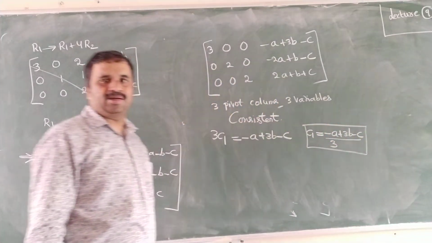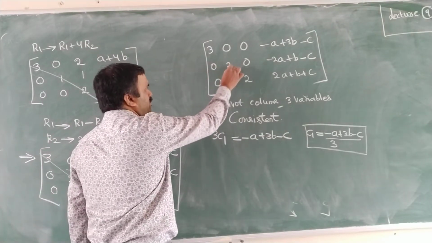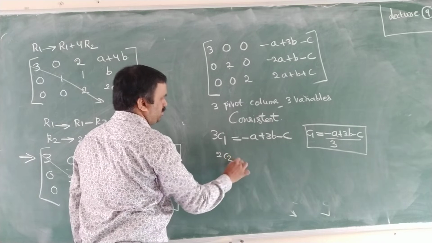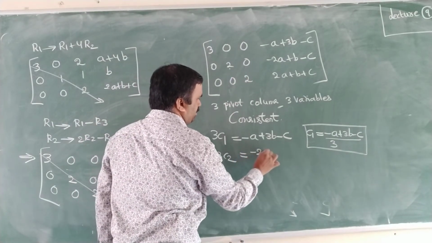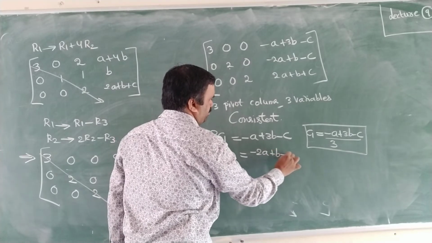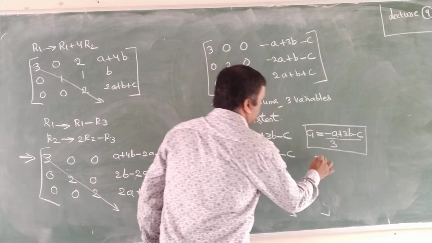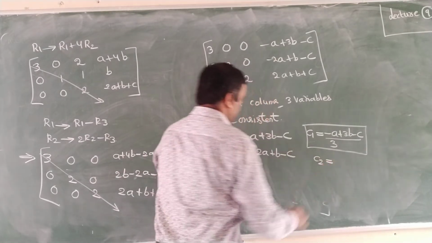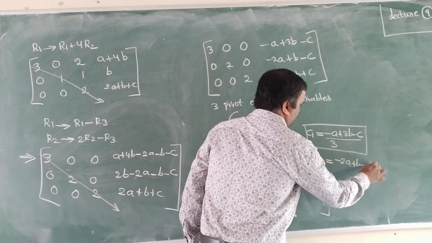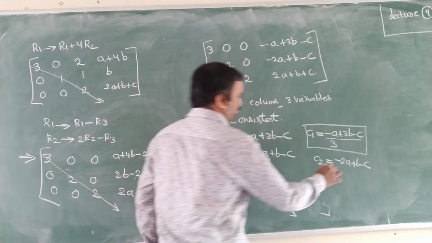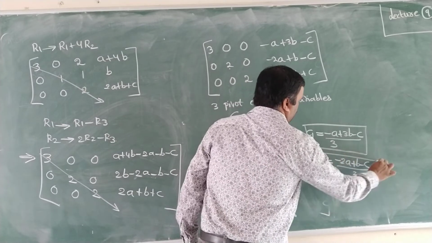I got the C1 value. Similarly, 2C2 equal to minus 2A plus B minus C, so C2 equal to (minus 2A plus B minus C) by 2. This is the C2 value.